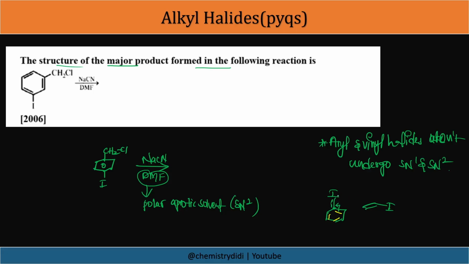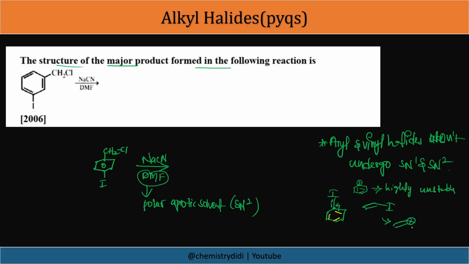And SN1 means if you remove the halogen and form this carbocation, it is very unstable because it is not getting stabilized by resonance. Also it is out of the plane, right? It's highly unstable. This is also the same case here.